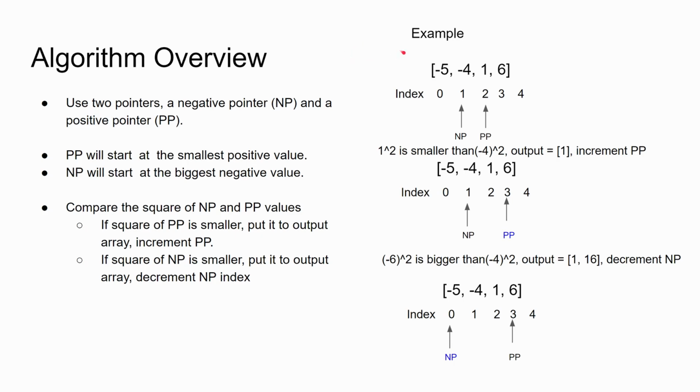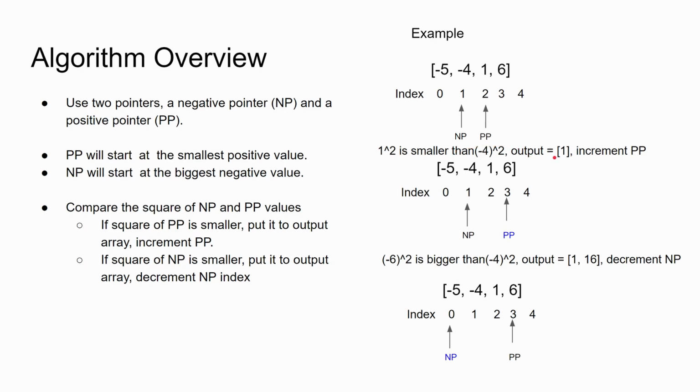For example, the index for this is 0, 1, 2, 3. And NP is 1 because that's the biggest negative number, and PP is 2 because that's the smallest positive number. And because 1 squared is smaller than -4 squared, it'll put 1 in the output and increment PP.